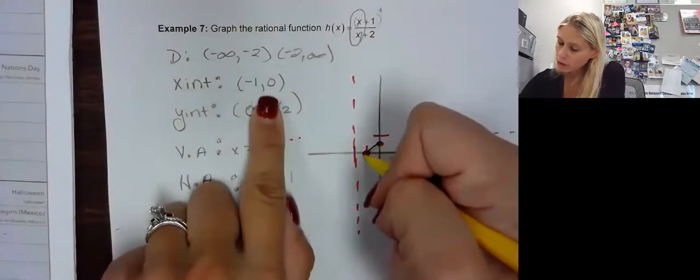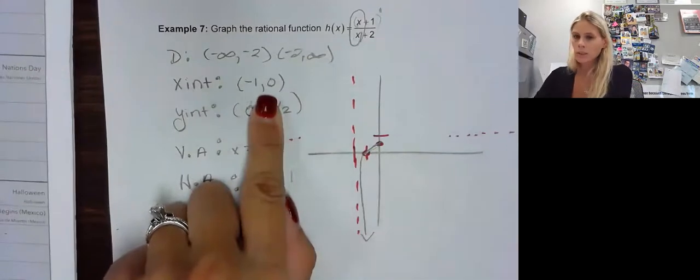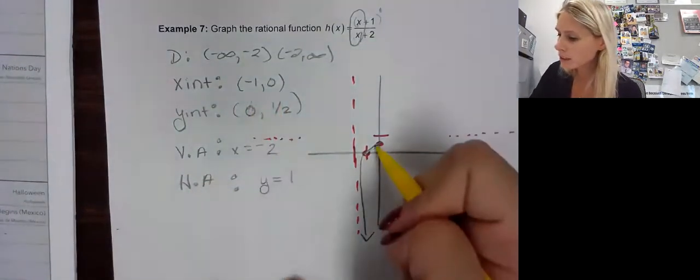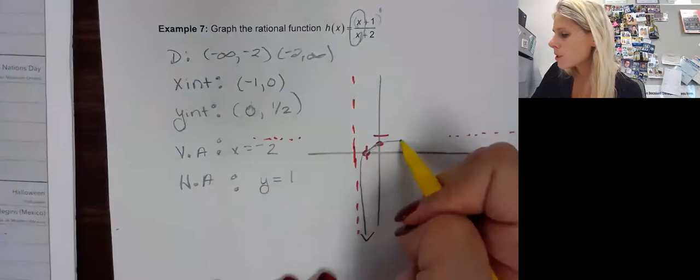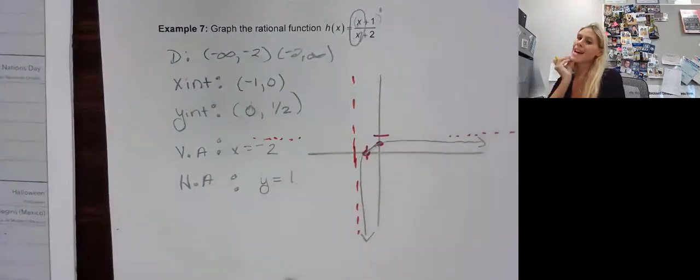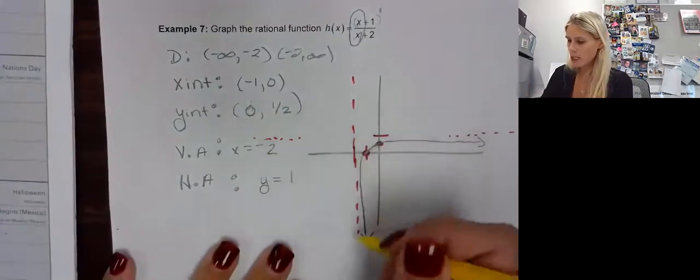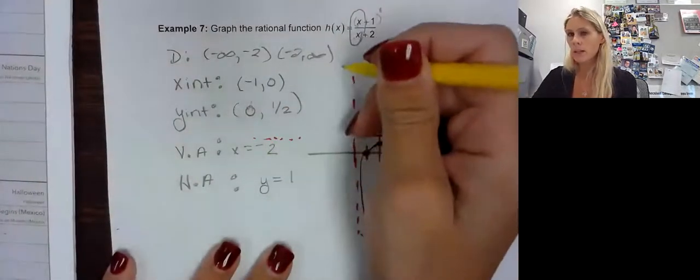So I'm going to cross. That means we're going to go down towards this asymptote. Now, of course, guys, if this is going across, we can assume that it's going towards that asymptote there. Okay? Now, what happens? Is it going to be down here, or is it going to be up here?